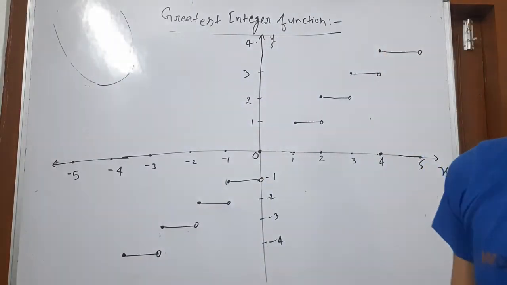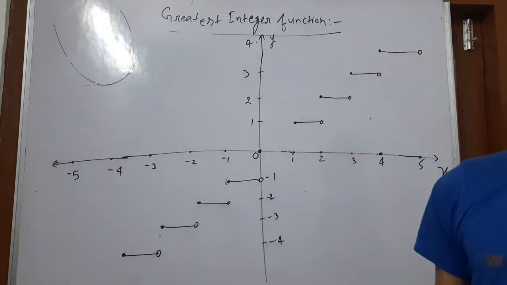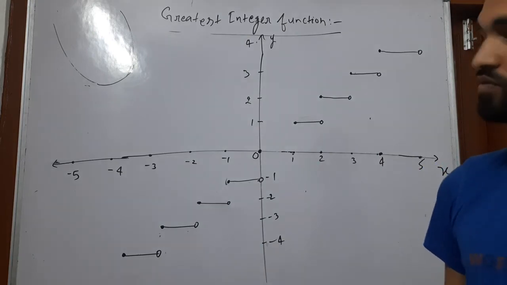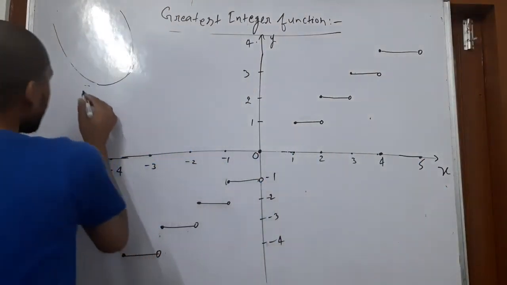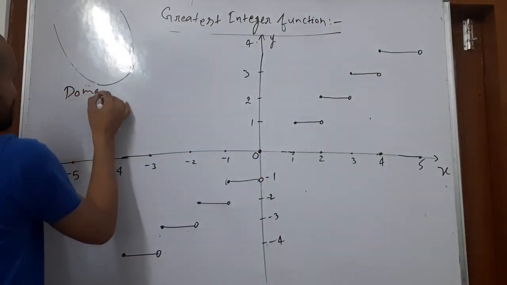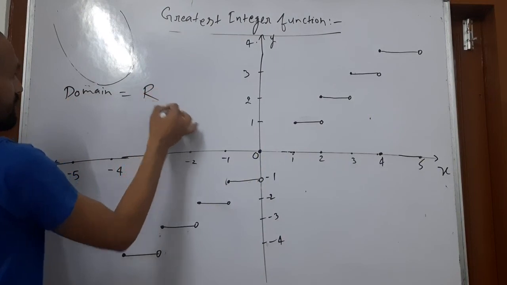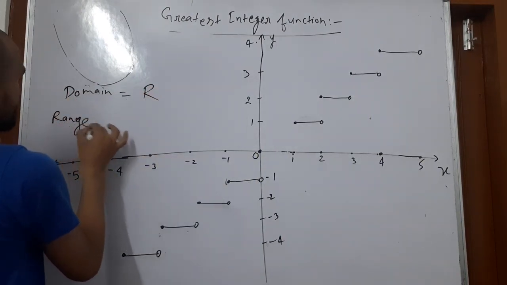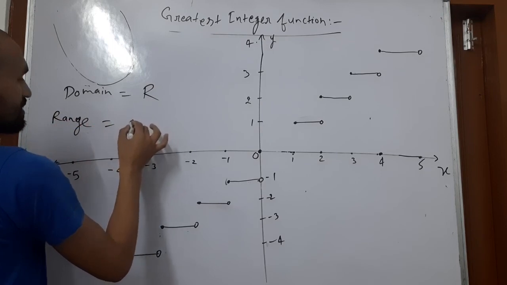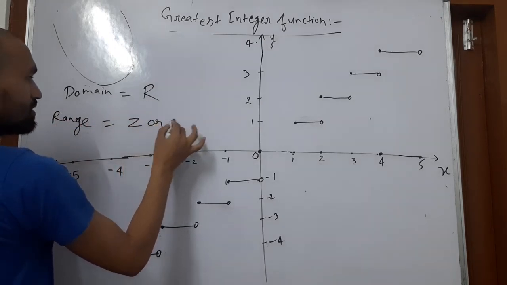So we can say that domain of greatest integer function is real number and range of greatest integer function is always integer values. So its domain equal to all real numbers and range is integer value, and integer values are denoted by Z or I.